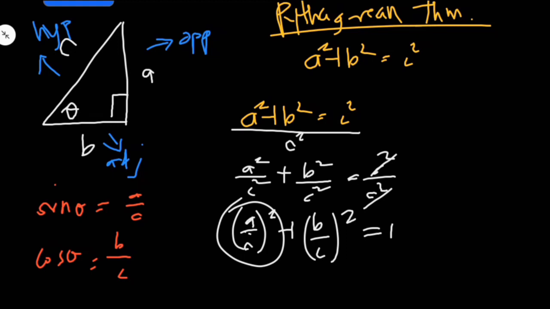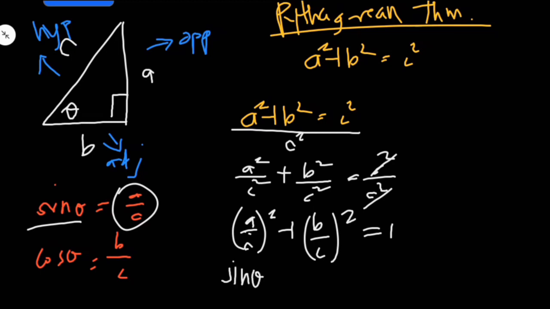Since sine theta is equal to a over c, we're going to substitute sine theta in our equation, squared, plus, we're also going to substitute the cosine theta, which is b over c.